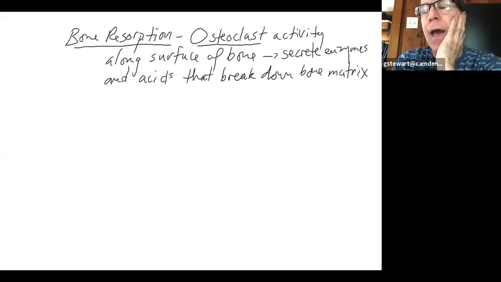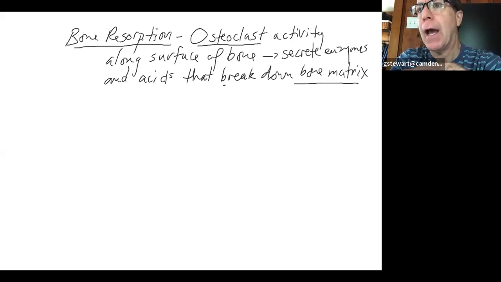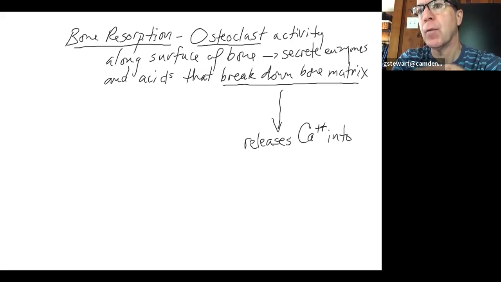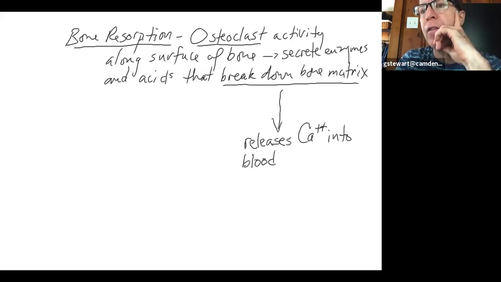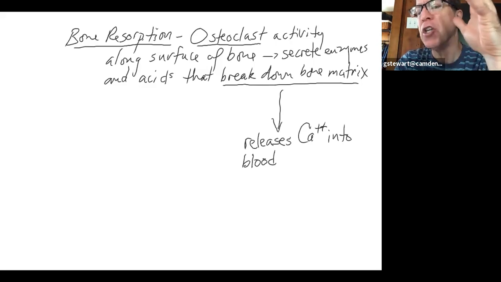This process of breaking down bone matrix actually then releases calcium ions from storage. So I'm going to put releases calcium into the blood. That's where other organs and other physiologic processes can use that calcium.